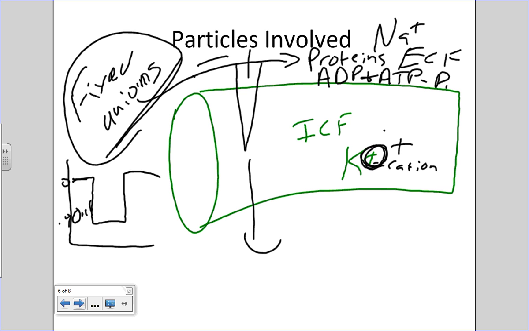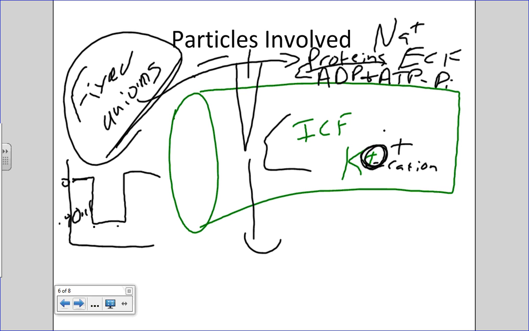The phosphate groups on the molecules of ATP have a negative charge. There's a lot of this inside these cells, and a lot of proteins within the intracellular fluid. There are more of these fixed anions than potassium, hence the negative charge inside the cell. So that's something to keep in mind.